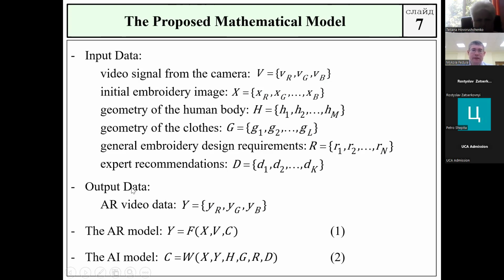Output data is the AR video data, the RGB image, and the AR model is described by expression 1.